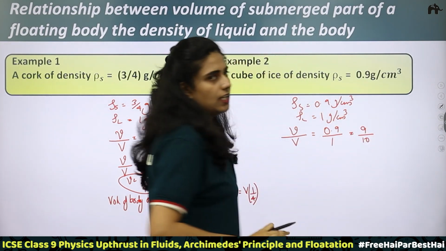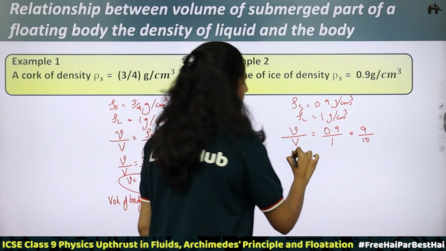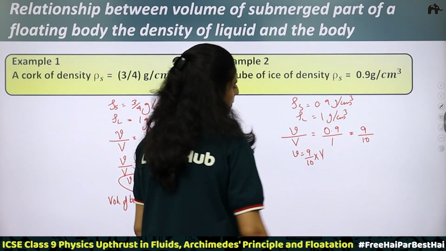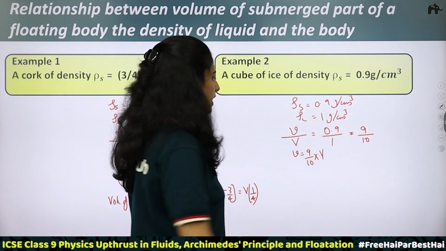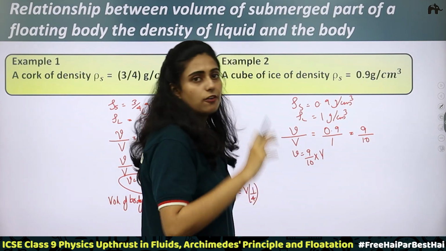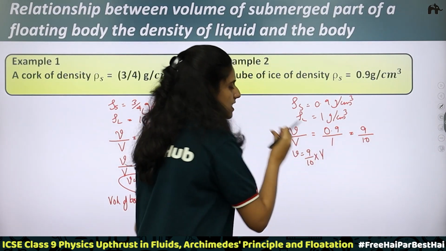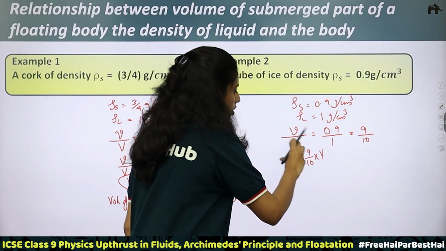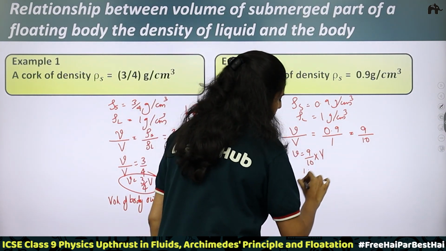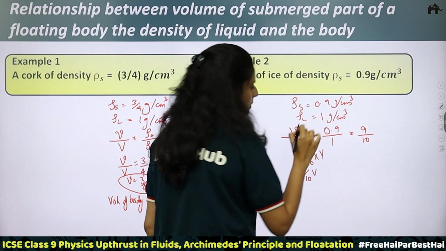So 9 by 10 is the fraction, which means v is equal to 9 by 10 into capital V, which means 9 by 10th of the total volume is inside. Then the remaining 1 by 10th of the volume will be outside.